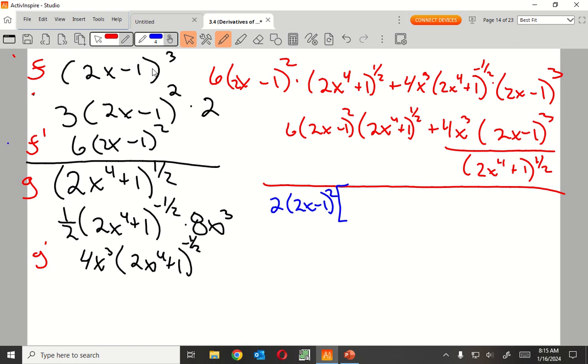So factoring it out, that means I'm going to have a 3, and I have 2x to the 4th plus 1 to the 1/2, still left over, plus, since I factored out a 2, this side's going to be a 2, right? Yes? Yeah. And then I factored out 2 of these, so there's still 1 right there, right? Okay, so could I just distribute this in here?